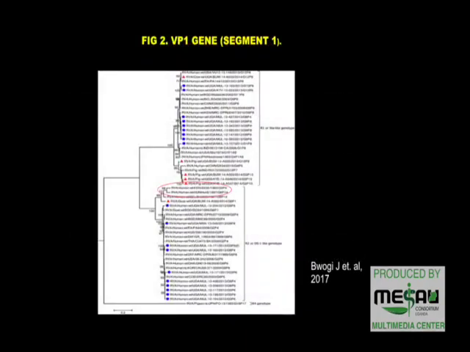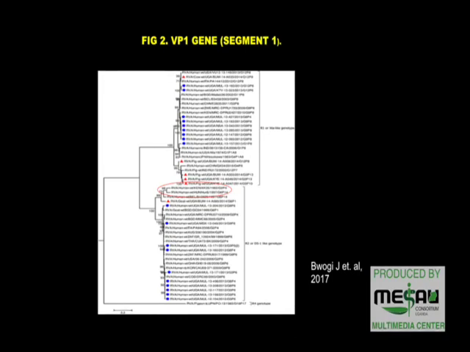So this picture is just to explain what I've already said. This is VP1. You find that this is our study sample. All the blues represent the human samples, and the red represent the animal samples that we studied.